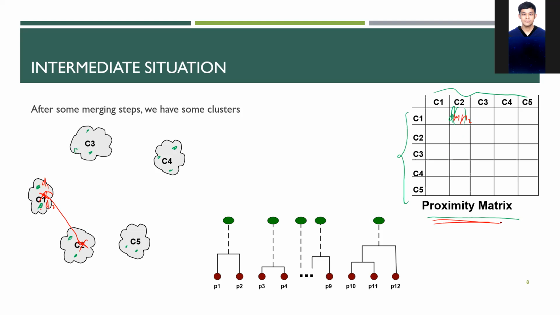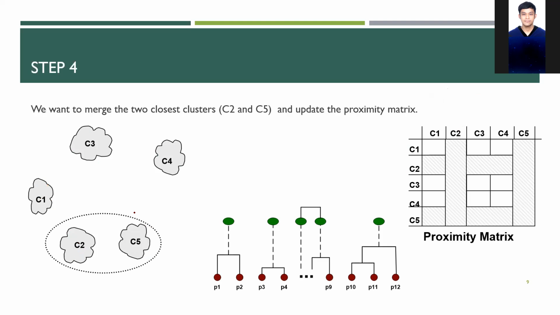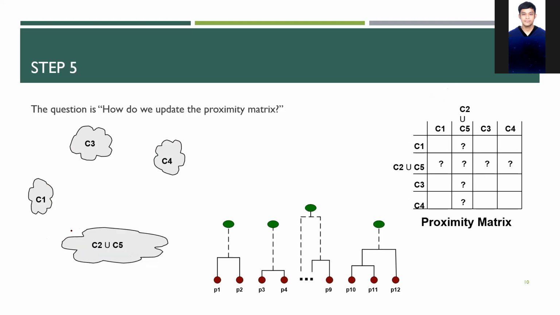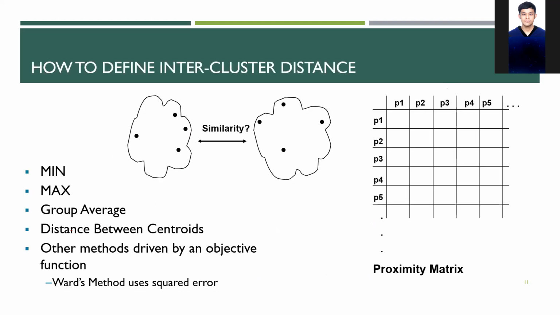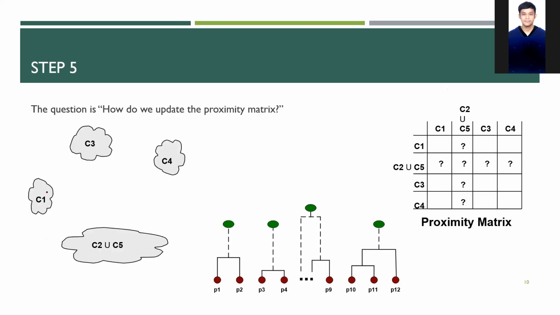Okay, then after we treat this as one point, we can have a further assignment or further merge. For example, C2 and C5 are close to each other, so we can merge them like this, until all of this is merged. So how do we represent the proximity matrix between different subclusters?